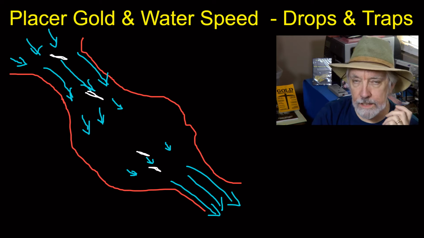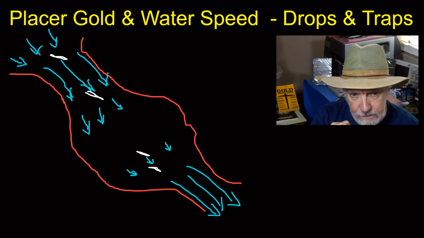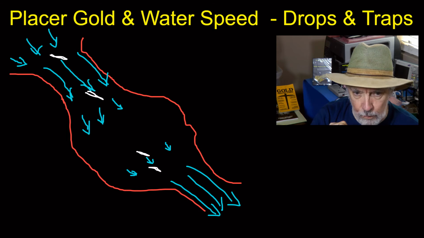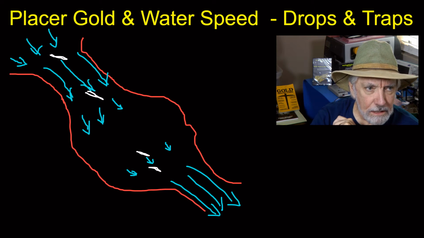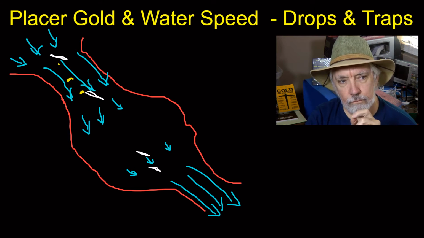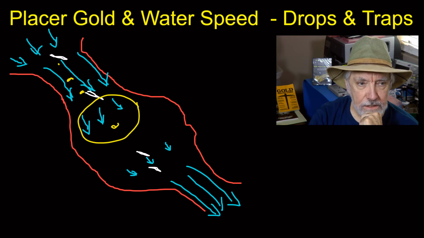So what is going on here? Well, that speed profile I was talking about is playing an important role. What does that do for you in gold, you might ask? Well, gold is going to basically be moved by higher speed flows. So what's going to happen is, if this were a chunk of gold stuck up in here, that chunk of gold is going to get moved through this and tend to concentrate in these areas.